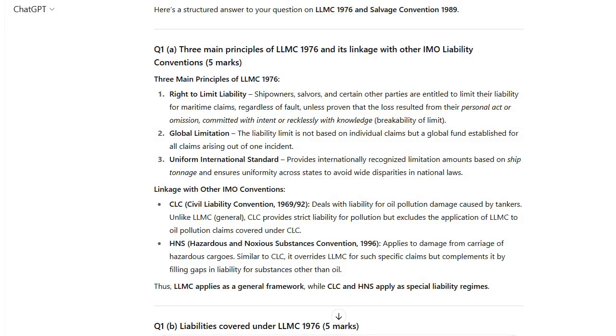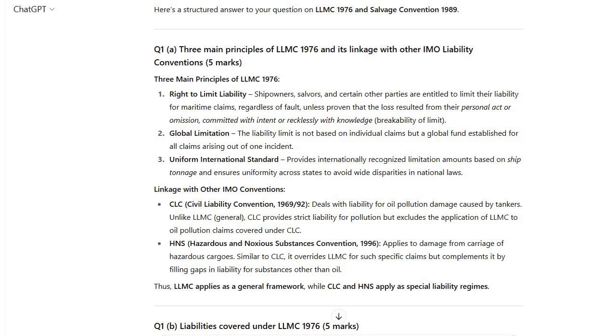And coming to HNS, it applies to damage from carriage of hazardous cargoes. Definitely, you're carrying hazardous cargo, that is your chemical tankers, or cargo carried in bulk. Similar to CLC, it overrides LLMC. LLMC is quite general, but HNS supersedes the LLMC for such specific claims, but complements it by filling gaps in liabilities for substances other than oil.